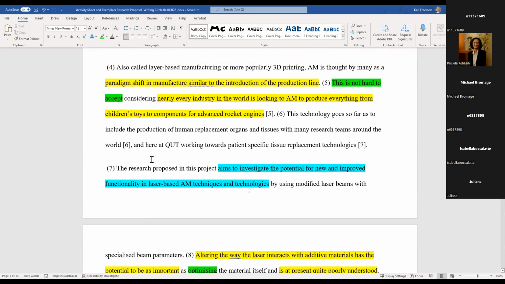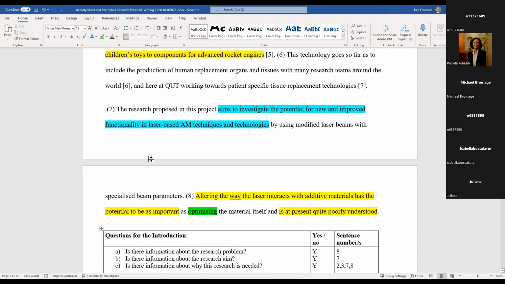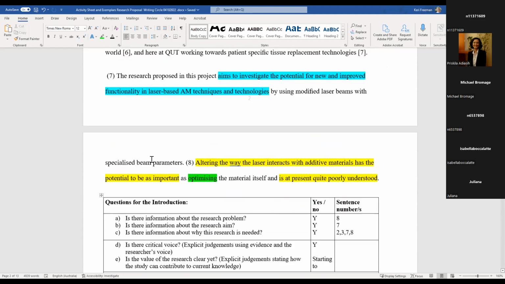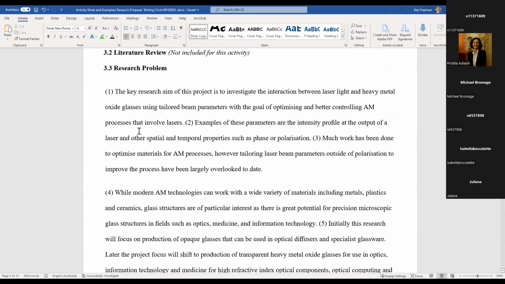We've got some of those things we're looking for in there, and it's beginning to set us up, because we were wondering from the table of contents, weren't we, what the research was about. So very early on, we're getting a good idea. All right, research problem. The key research aim is to investigate the interaction between laser light and heavy metal oxide glasses using tailored beam parameters with the goal of optimizing and better controlling AM processes.